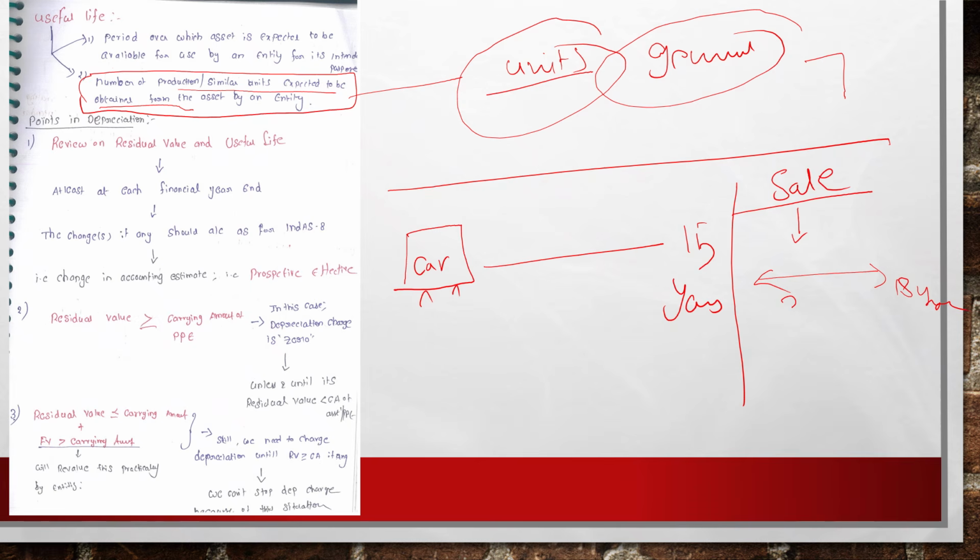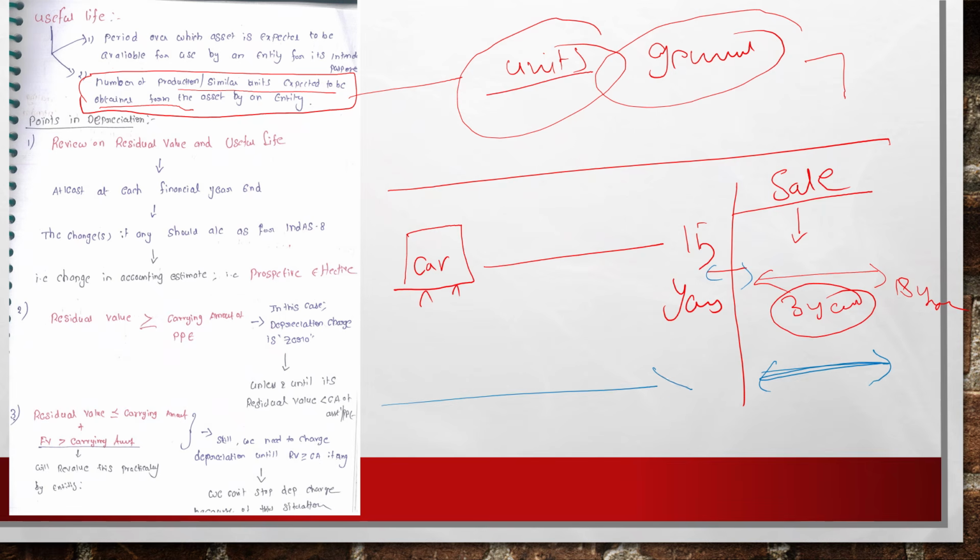So these 3 years you didn't use the car for business, or you may use it for a few purposes, but still the intention is not to use it for business purposes after 15 years. So whenever the intention is changed here, you cannot consider these 3 years for depreciation calculation.